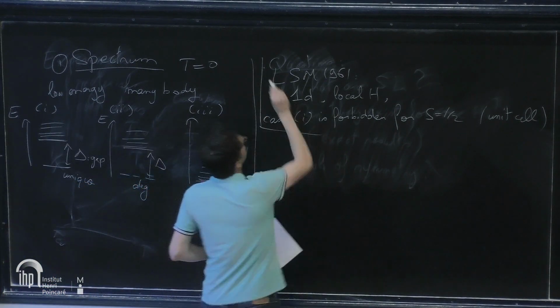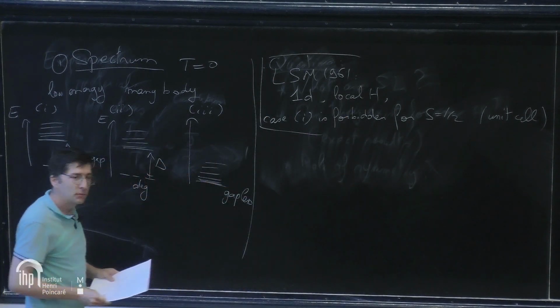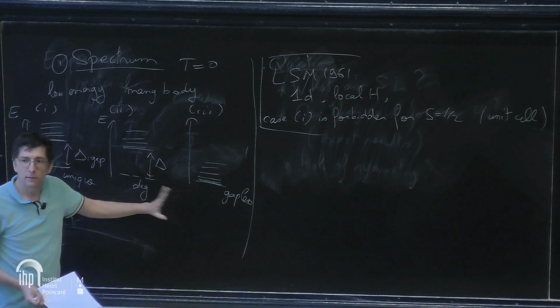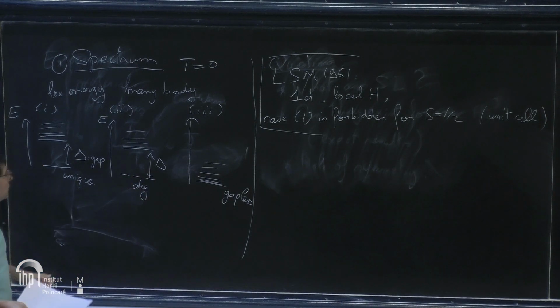That's a very deep statement, in fact, if you think about it. So this is forbidden in 1D for spin 1/2. It means you can have that or that, that's okay, but this is forbidden.